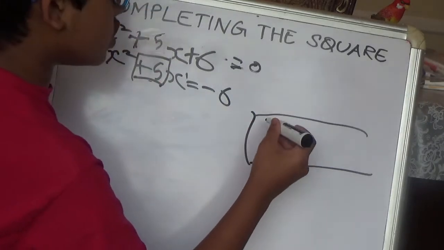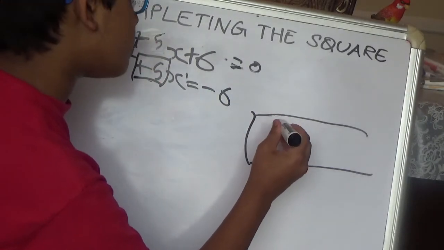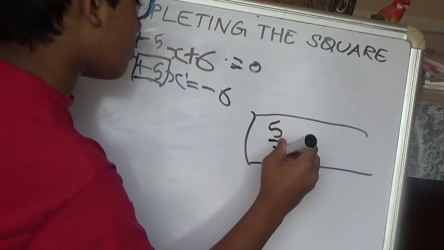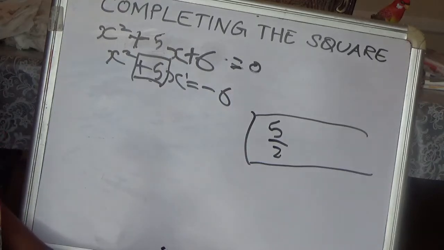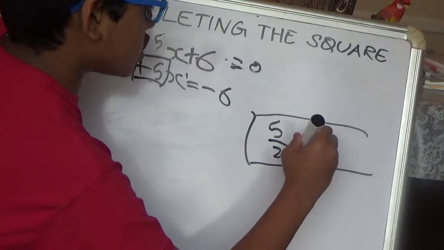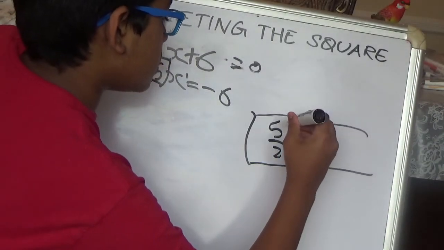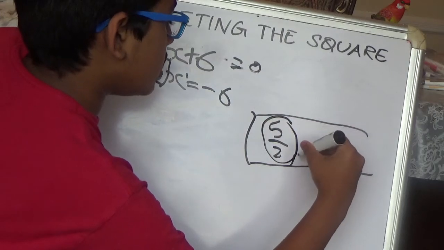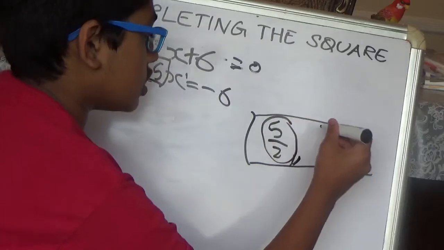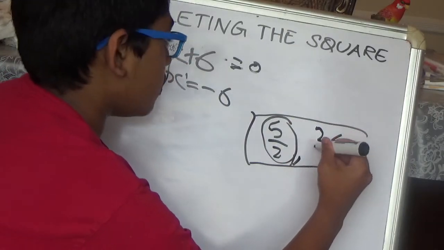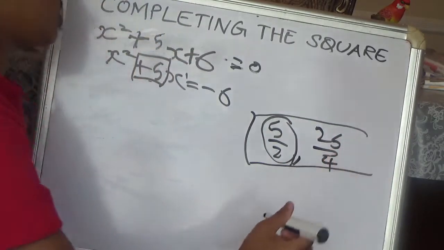Divide that by 2, which is very important, and then square that. The square of 5 over 2 is 25 over 4.